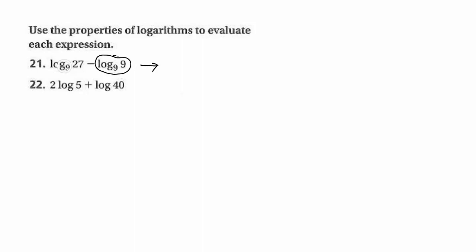Log 9 base 27 might be a little harder to do, but you could reinterpret it as log 9 over log 27. Reinterpret the 9 as 3 to the second power, and then 27 is 3 to the third power. So this is going to end up being like a 2/3 relationship.